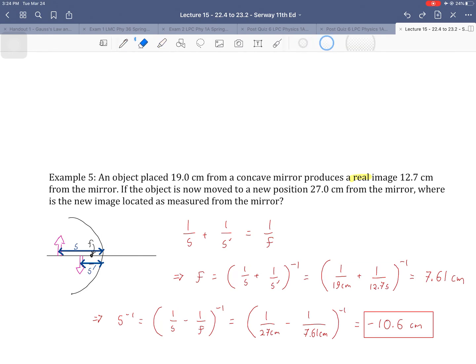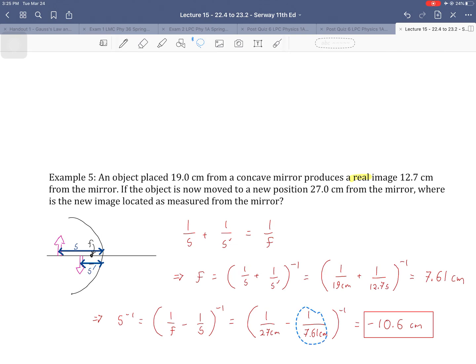Because I'm pretty sure the only way to create a virtual image with a concave mirror is to have the object inside the focal point. In this case, the object is still outside the focal point, just even further away. But I see what I did, it's just a stupid algebra mistake. So let's go ahead and fix this. I'm solving for S prime, so it's 1 over F minus 1 over S, not the other way around.